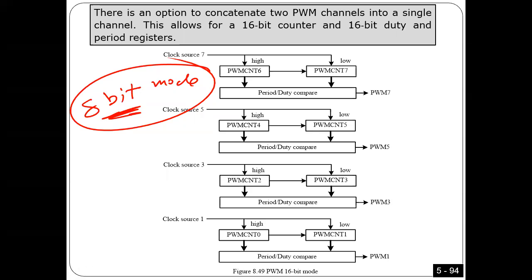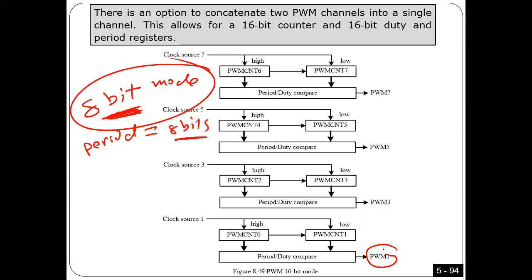There is an option here to concatenate. You can concatenate two channels together to create a bigger one. You can make the duty cycle bigger. Also, you can make the period bigger. So here again, what I explained before, we call it 8-bit because the period register was 8-bit. Now we have an option to concatenate two channels together.